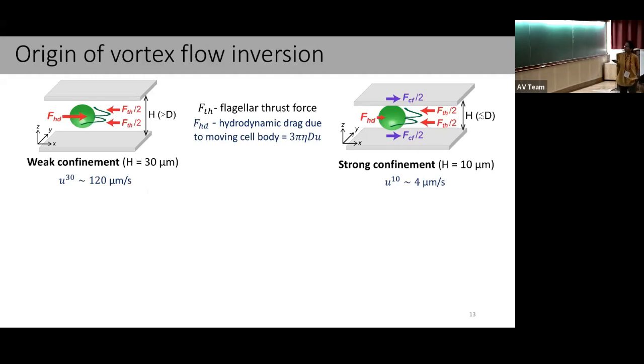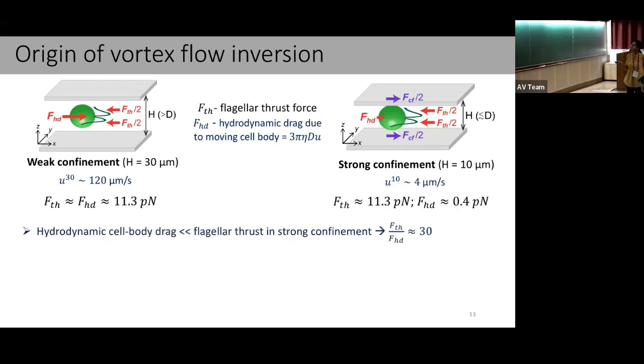And so we go back to this force diagram that I had initially discussed, where in the weak confinement, the thrust forces balance out the hydrodynamic force. So the hydrodynamic force is 3 pi eta d times u. In the strong confinement, the speed is coming down, so the drag is much smaller than here, and you have this extra contact friction. So now mostly the flagellar thrust has to work against the contact friction.